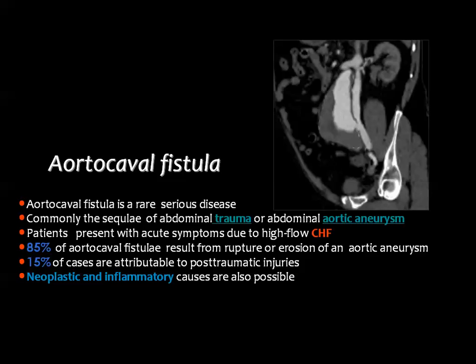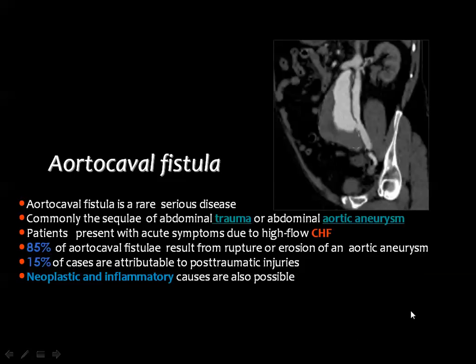Then one of the lesions affecting the IVC is the aortocaval fistula, the development of a communication between the aorta and the IVC. And there are two main causes. The commonest one is the aortic aneurysm, eroding the wall of the IVC, then resulting in direct communication. And the less common cause is trauma.